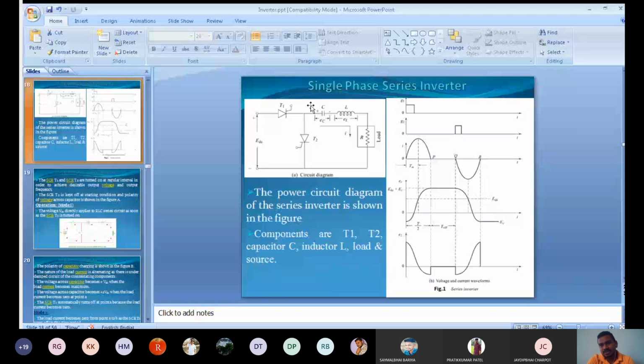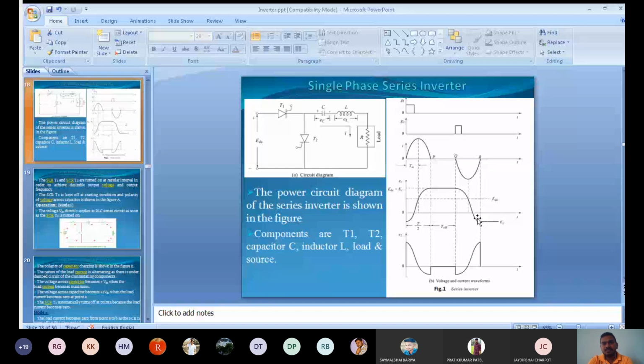The voltage across the capacitor becomes minus EC, where EC is the initial charge across the capacitor. The current becomes 0, so SCR T2 also turns off and the voltage across the capacitor remains minus EC.